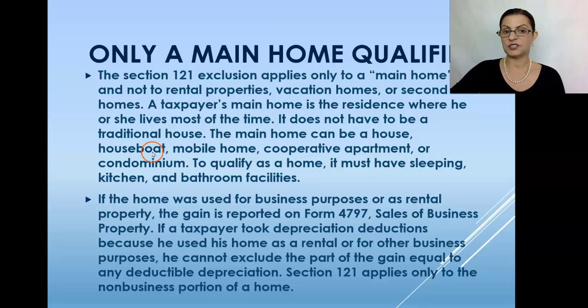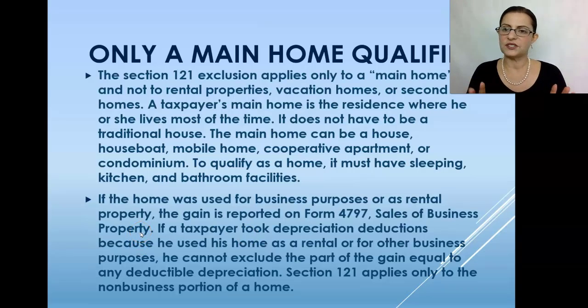It doesn't have to be a traditional house. It can be a houseboat, a mobile home, a cooperative apartment, or a condominium. In order to qualify as a home, it must have sleeping, kitchen, and bathroom facilities. Now, if the home was used for business purposes or as a rental property, the gain is reported on Form 4797, Sale of Business Property.